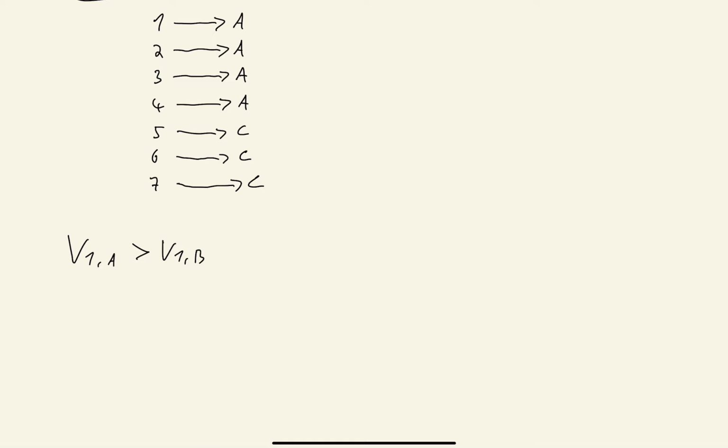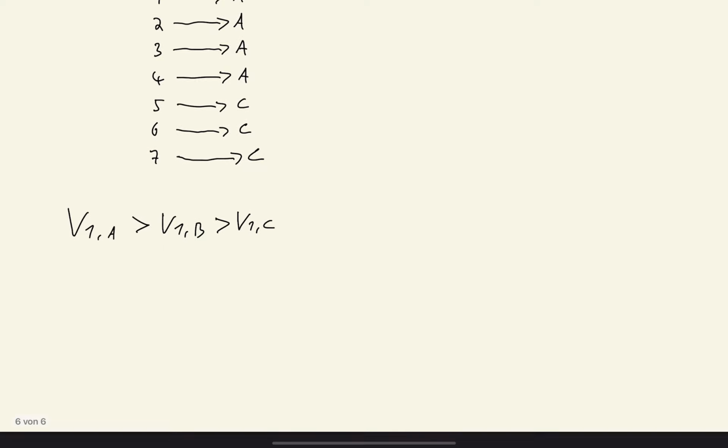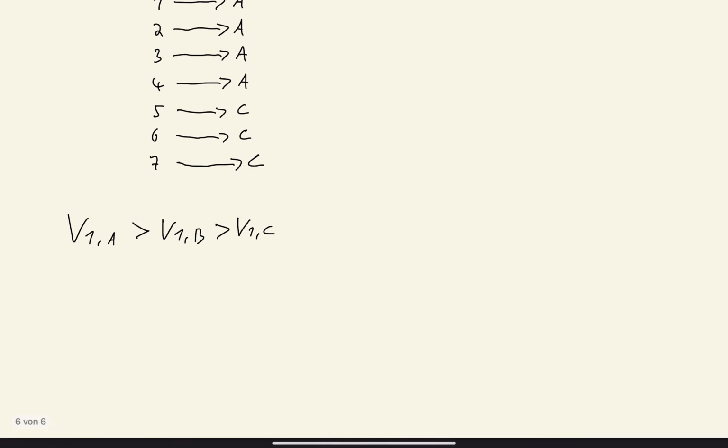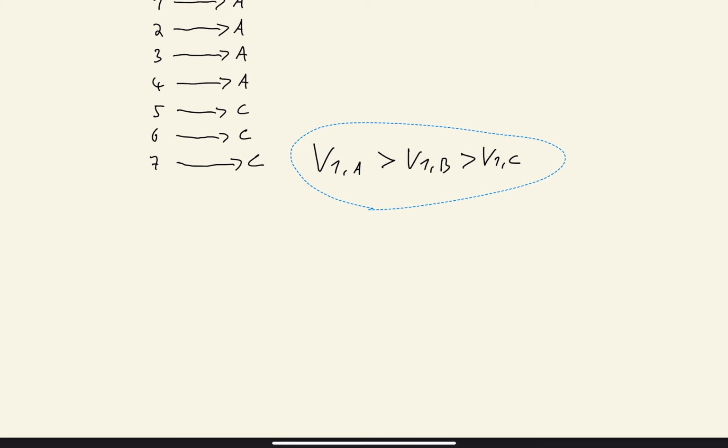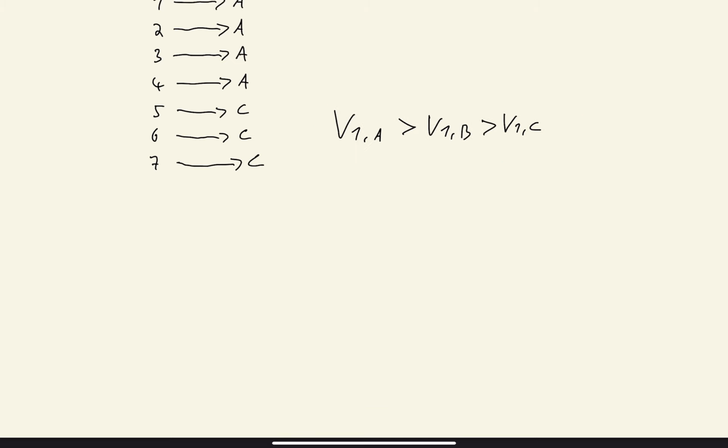So those are the preferences of individual 1. Then we have the preferences of individual 2, let me write it down somewhere else so I can shift it around.